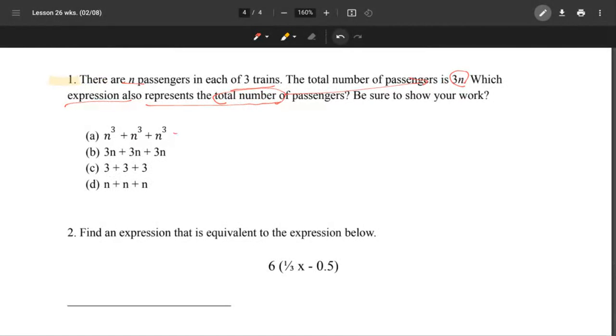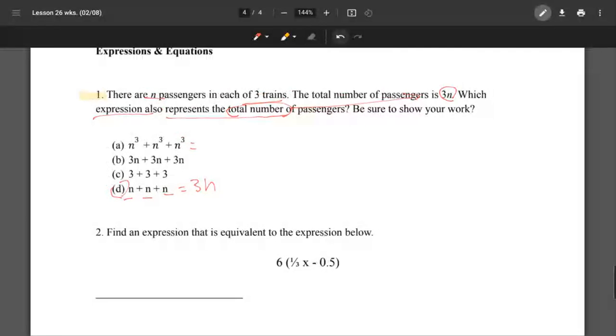So let's find the sum of each. It's pretty obvious that it's D, because n plus n plus n equals 3n. So our answer is D.